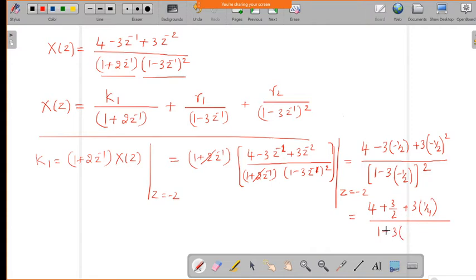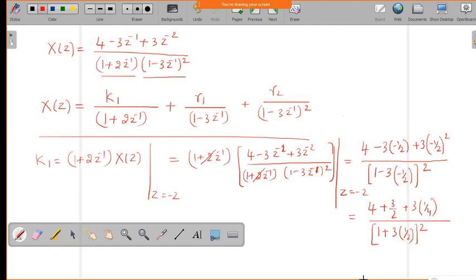Minus into minus becomes plus, so 3 into 1 by 2. So now we get 4 plus 3 by 2 plus 3 by 4, divided by 1 plus 3 by 2 whole square.